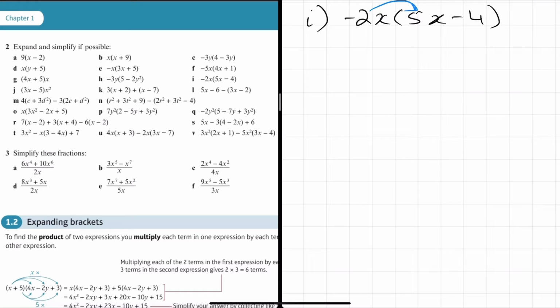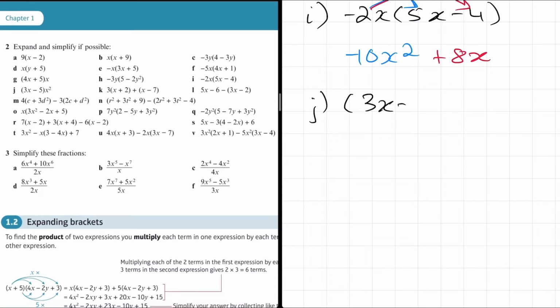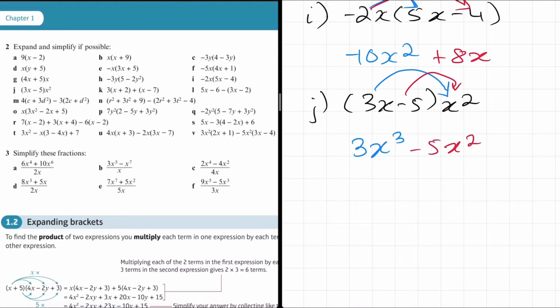Minus 2x times 5x is minus 10x squared, and minus 2x times minus 4 is positive 8x. J. 3x minus 5 times x squared. We have 3x times x squared, which is 3x cubed, and we've got minus 5 times x squared, which is minus 5x squared.